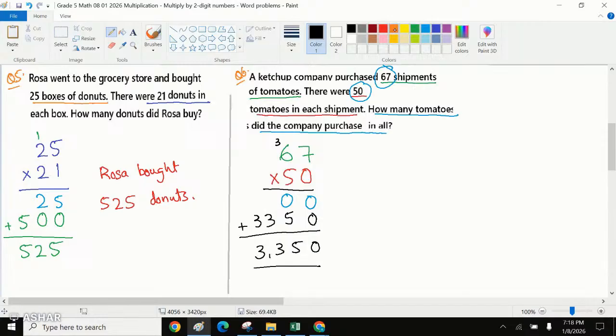So that means the ketchup company bought 3,350 tomatoes, right, in 67 shipments. Agreed?